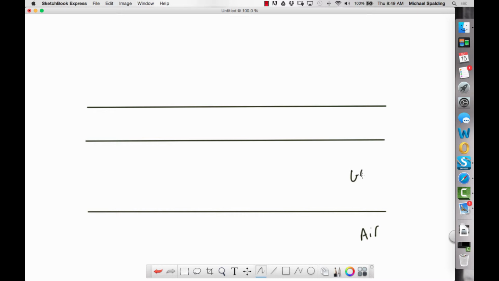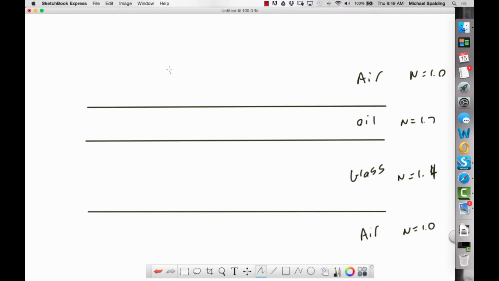Air, glass, oil, air, like that. And all the indexes is n equals 1.0, n equals 1.7, n equals 1.4, n equals 1.0.